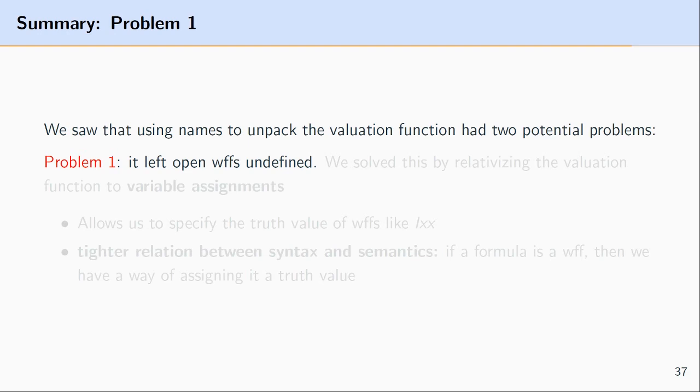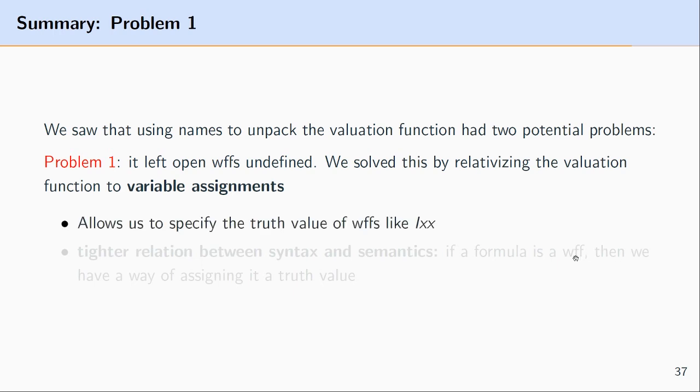The first is that it just leaves these open well-formed formulas undefined, and we may want to have these formulas assigned truth values. So introducing the notion of a variable assignment, and relativizing the valuation function to these variable assignments, these ways of assigning variables to items in the domain, allows us to specify the truth value of formulas like IXX, that is, open well-formed formulas.